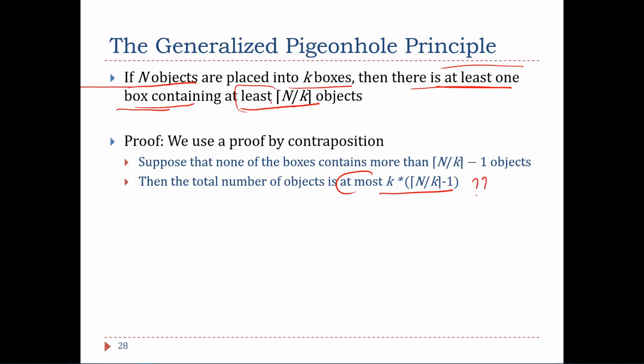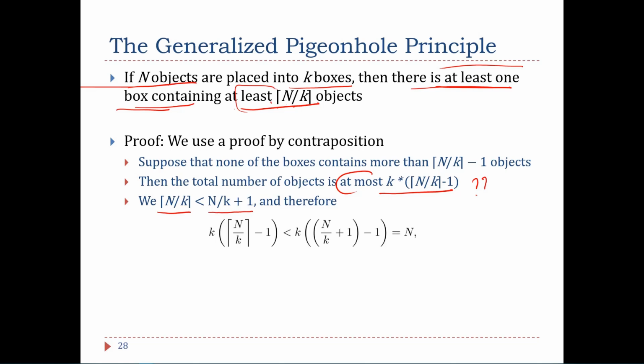Actually you cannot, because we know that the ceiling of n over k is strictly less than n over k plus 1. Therefore, if you do a little bit of math, subtract 1 from each part and then multiply by k, you get n on one hand.